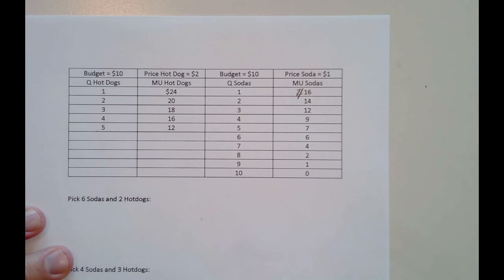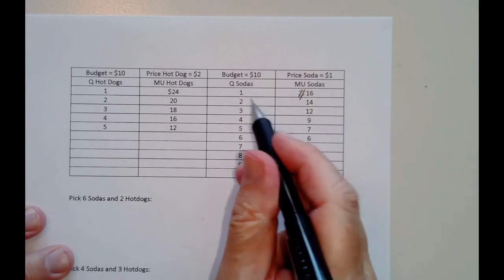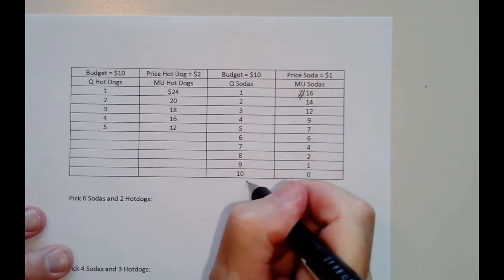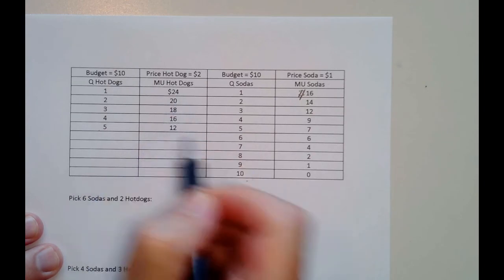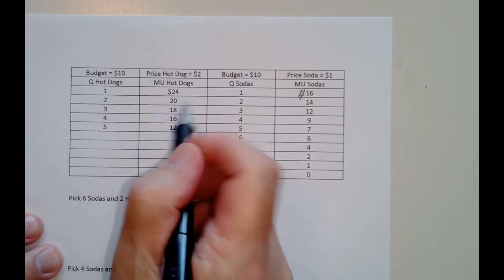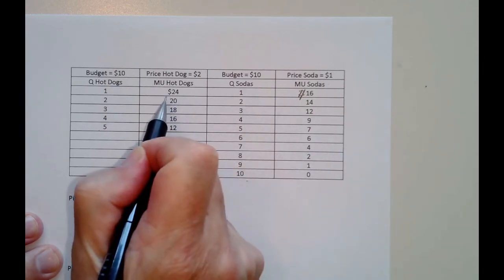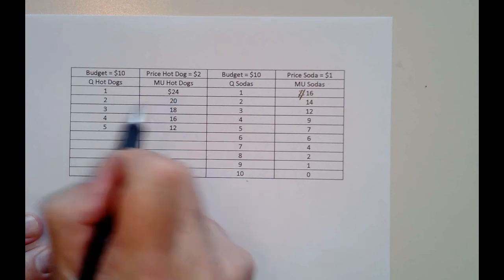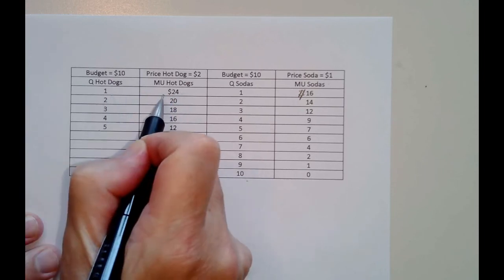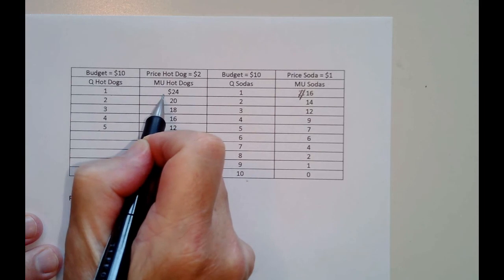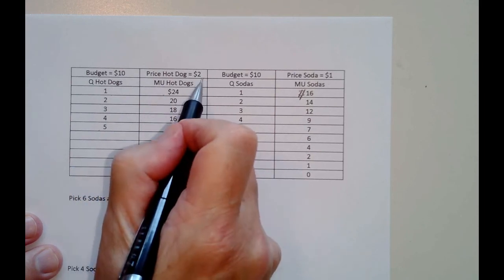And at most I can buy 10 sodas, which is all the way down there. And these are my marginal utility numbers for hot dogs and sodas, which I just made up myself. And instead of measuring them as euros, I measure them as dollars. And so this person likes hot dogs. The first hot dog they buy, they're going to get $24 of return benefit, but they only have to spend 2. And again, that would be a huge consumer surplus right there of $22.